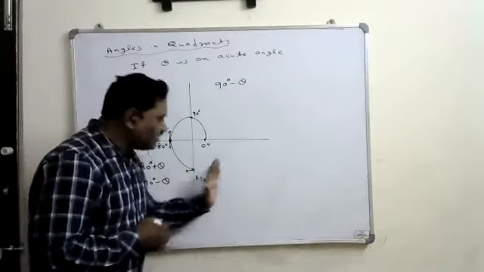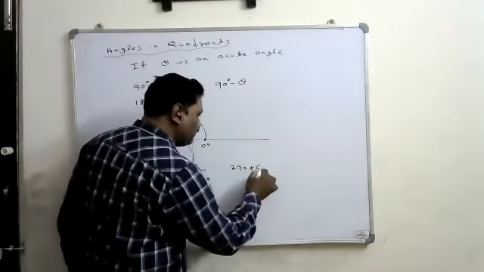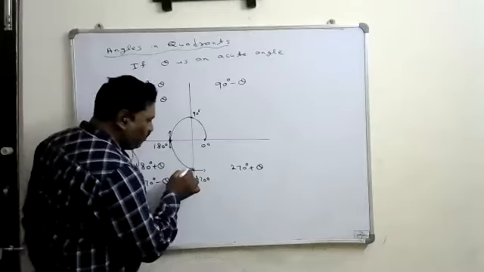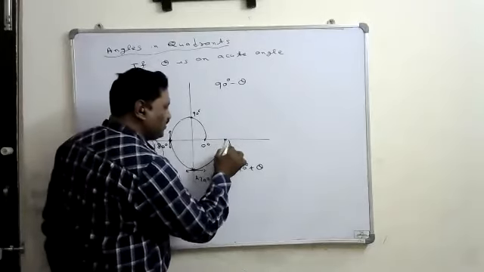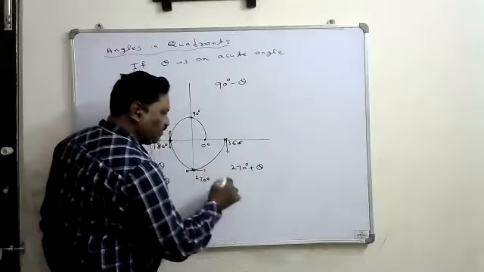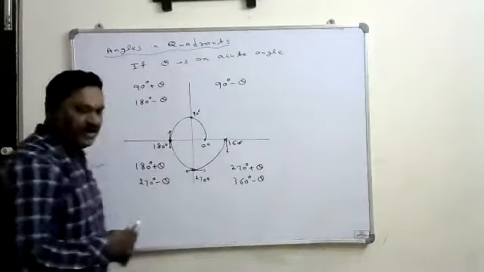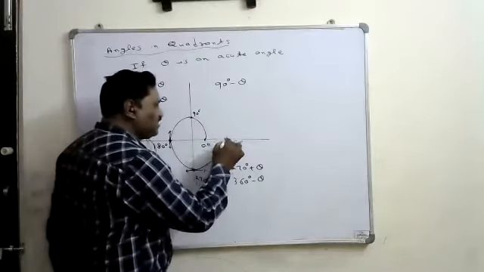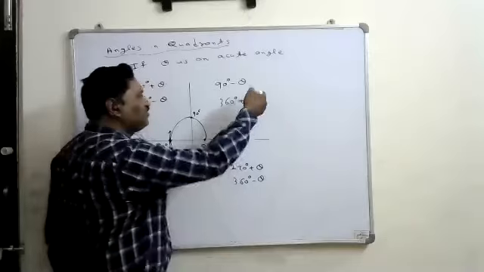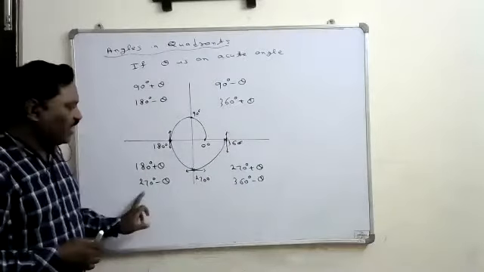If I add something to 270, then 270 plus theta lies in the fourth quadrant. Moving further, this is 360. 360 degrees minus theta lies in the fourth quadrant, and 360 degrees plus theta lies in the first quadrant. So these are the angles in the different quadrants.